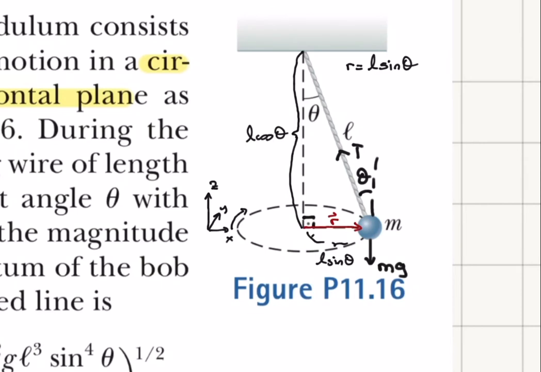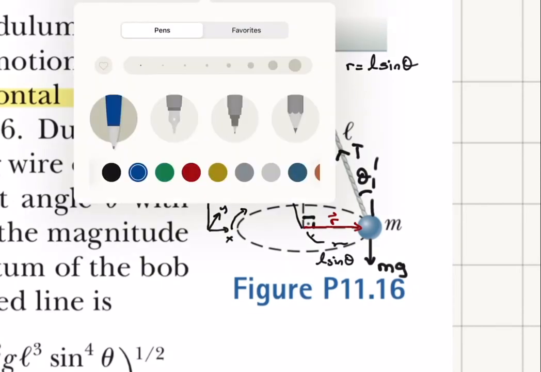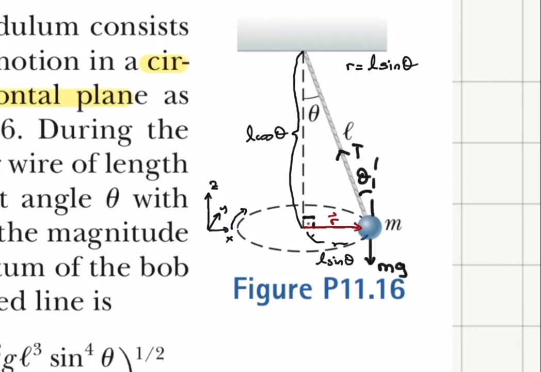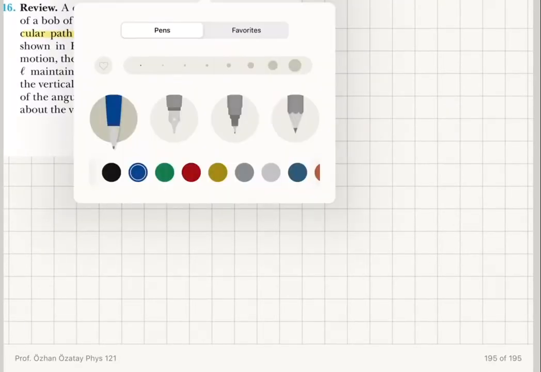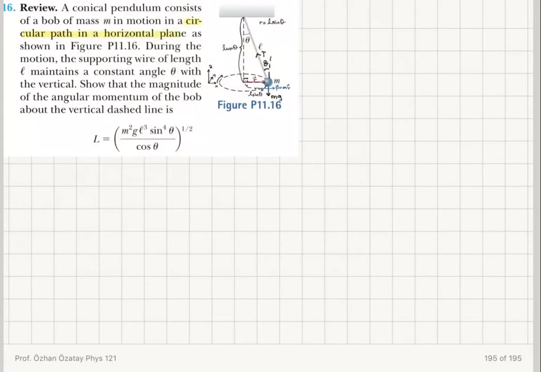And then if this bob is rotating on the circular path like this, I will have a tangential linear momentum. And what will it be? It will be tangential to the circular path, and it will be equal to p is equal to mv. So it's the cross product of r with mv that will give me the angular momentum.